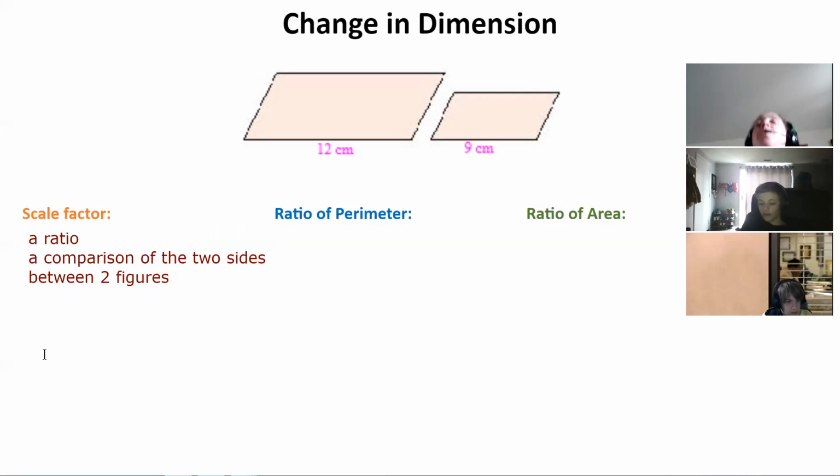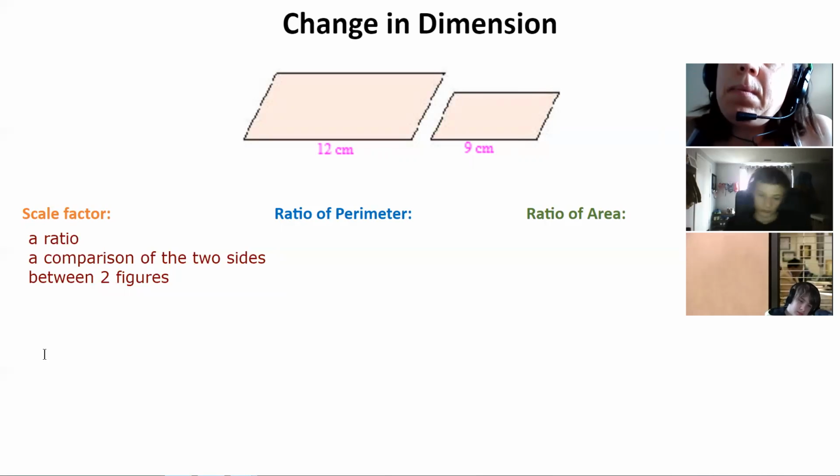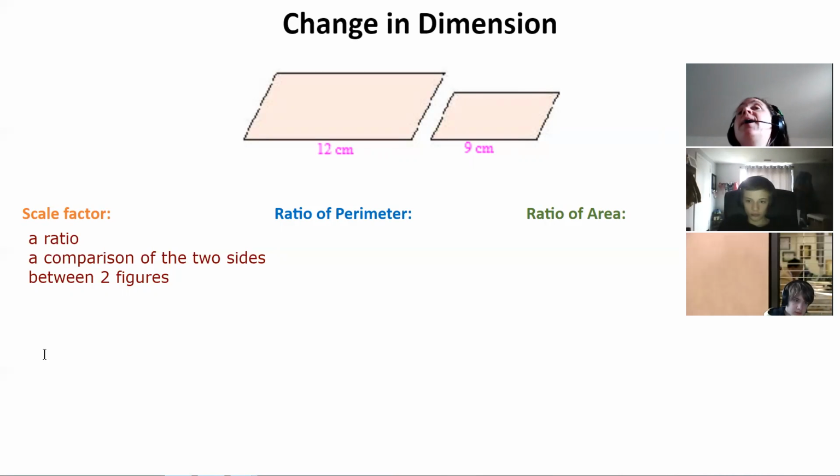So for the first one, how do the sides compare? What would my fraction or my ratio be to compare the sides? What do you think between those two figures? What would the fraction be between the sides? Yeah, Isaiah, you got it.